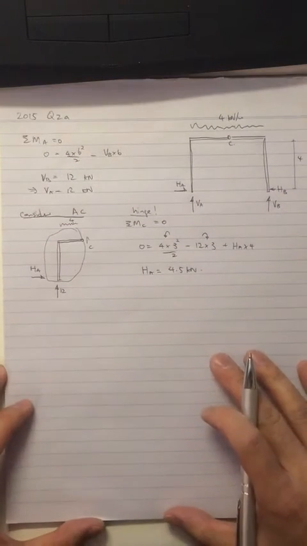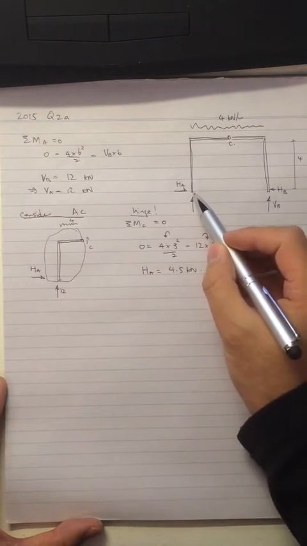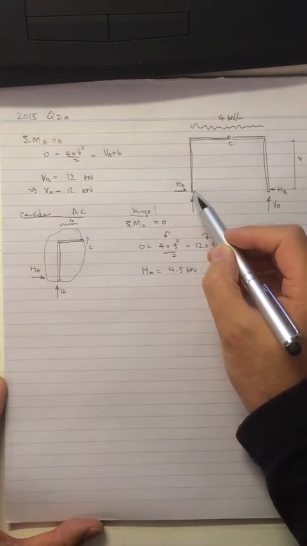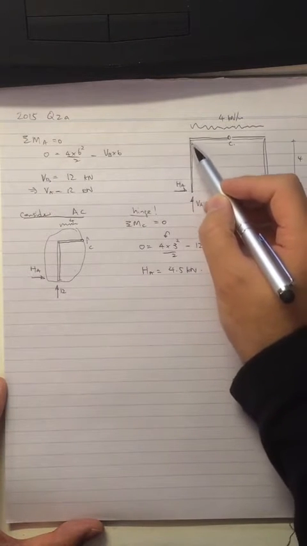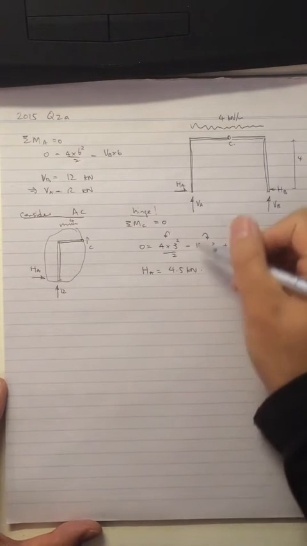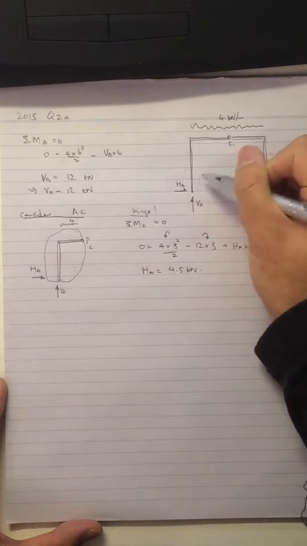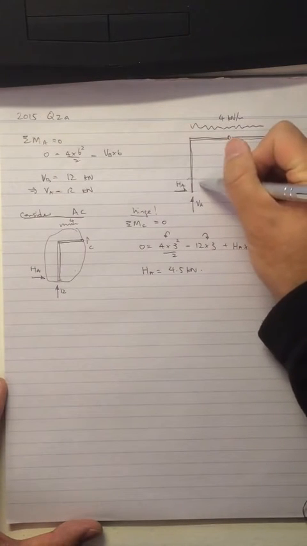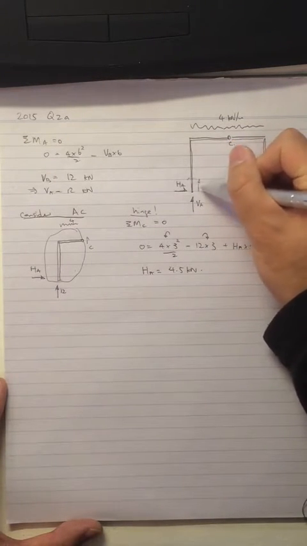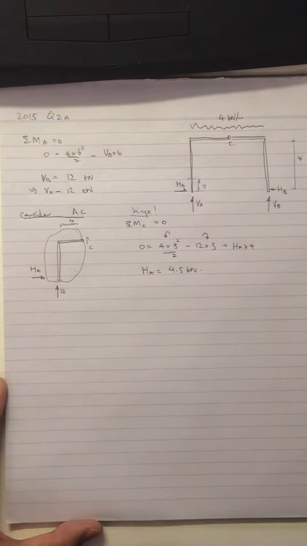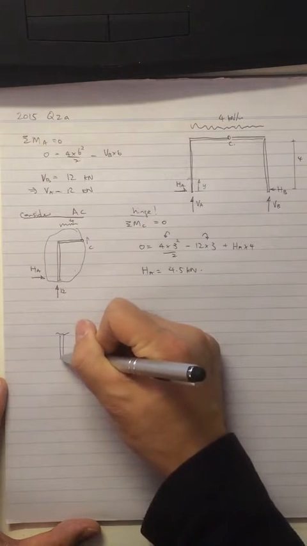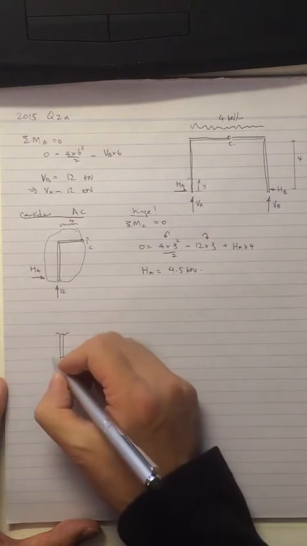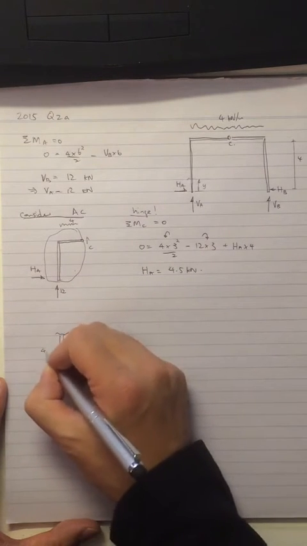So let's start by trying to get the shear force and bending moment diagram of this vertical bit. Let's imagine we create a cut at some location up here, and we'll call that distance to the cut y. If we sketch that out, we've got a horizontal reaction force of 4.5 kilonewtons here.